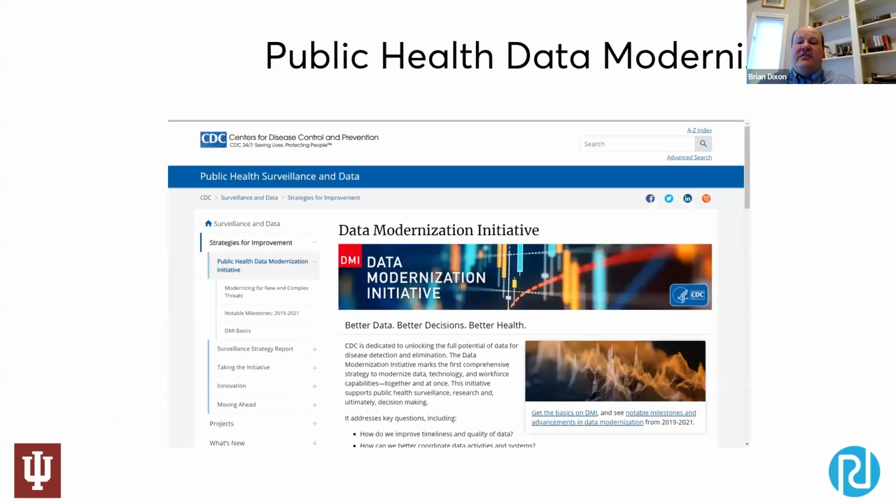So let's just start with public health data modernization as a concept. There's a lot of information and details on the US CDC's website that talks about what CDC is aiming to do.